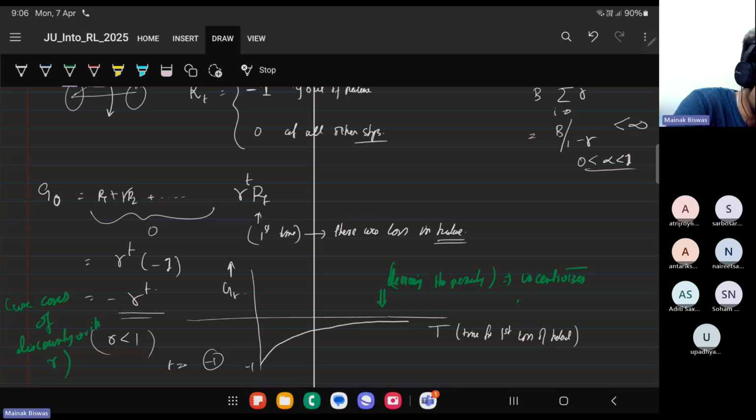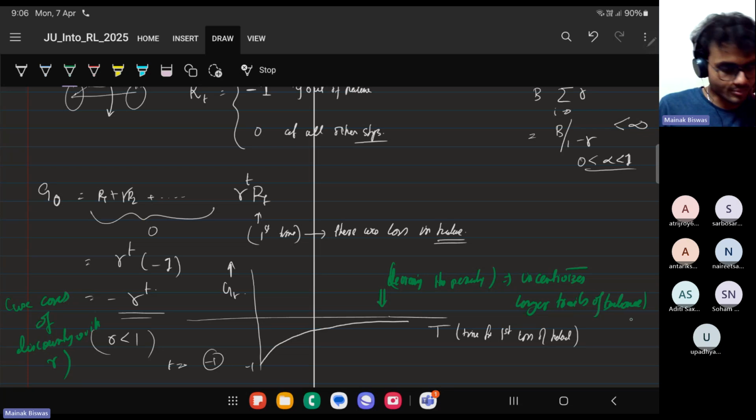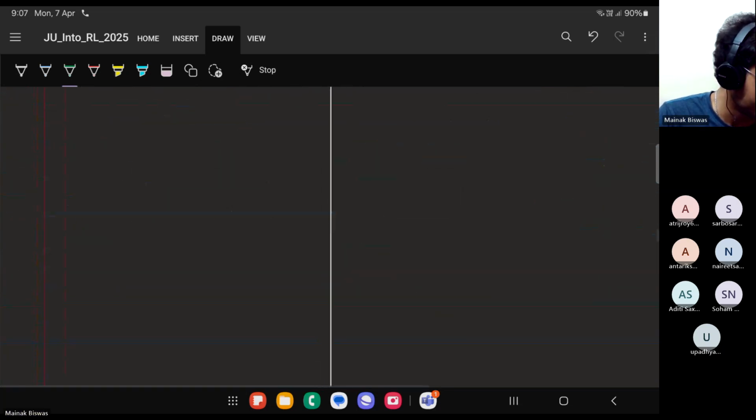You incentivize longer trails of balance, right? The more time you take, the less penalty you will receive. So that's the idea.